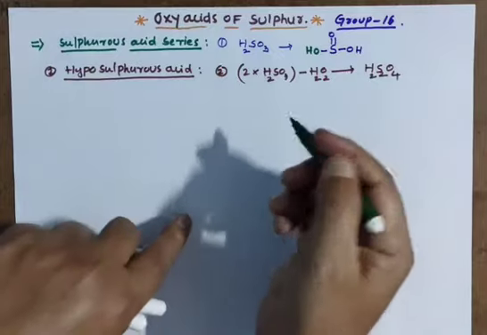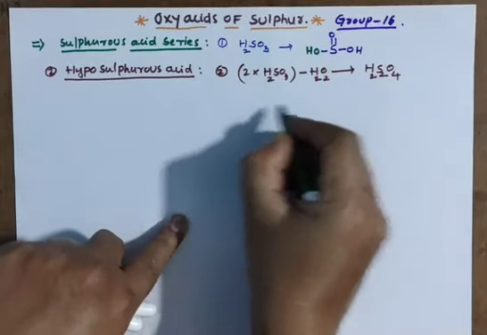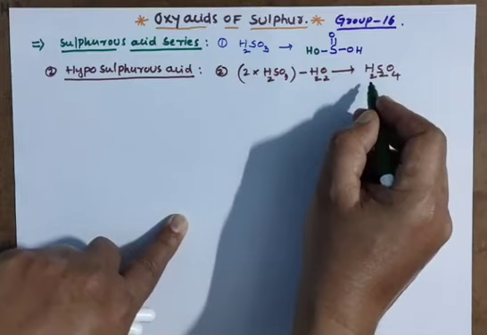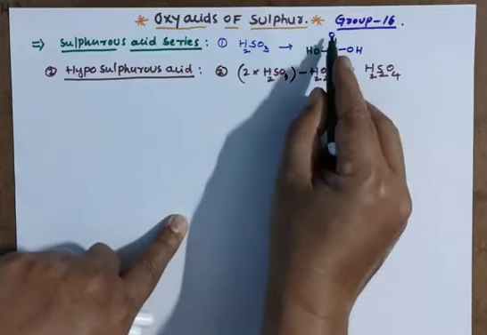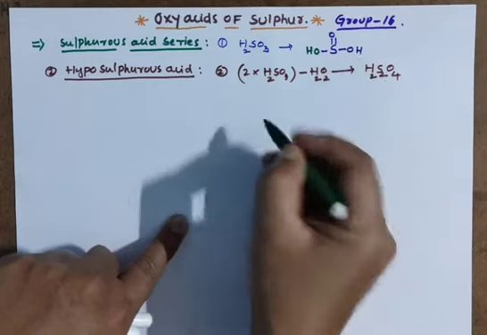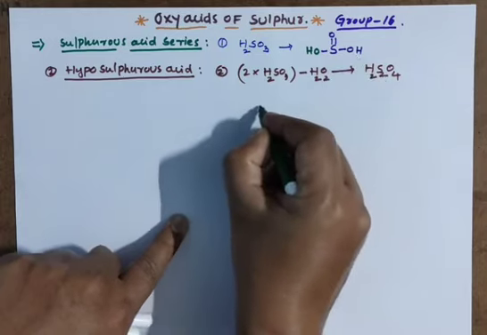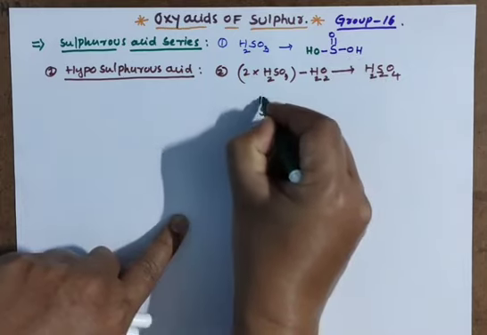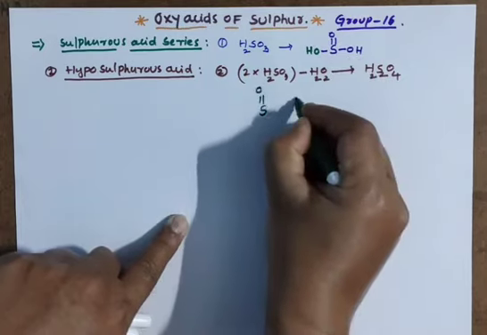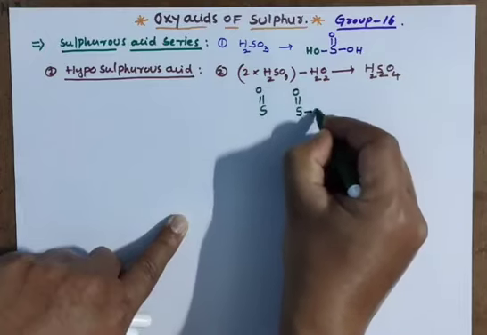Clear? Now, structure. I told already, one sulfur has one double bond O and one OH. Here two sulfurs are there, so you go for two central atoms, each with S double bond O and OH.